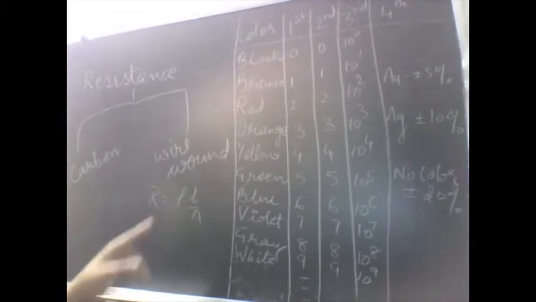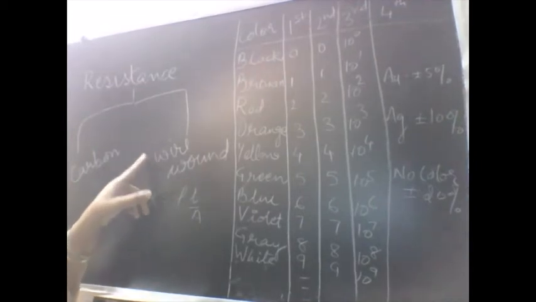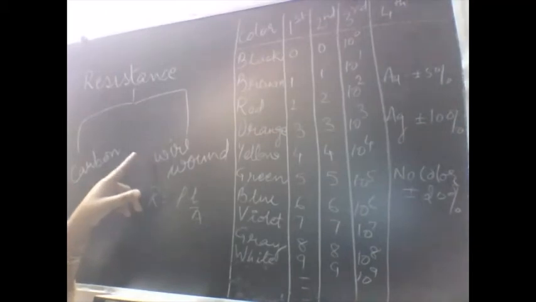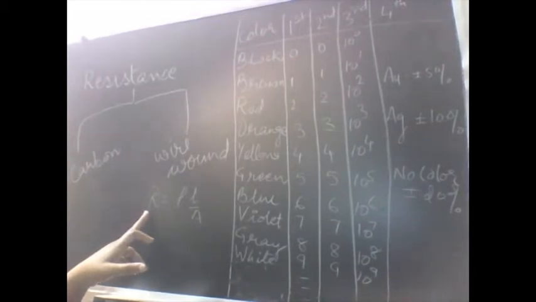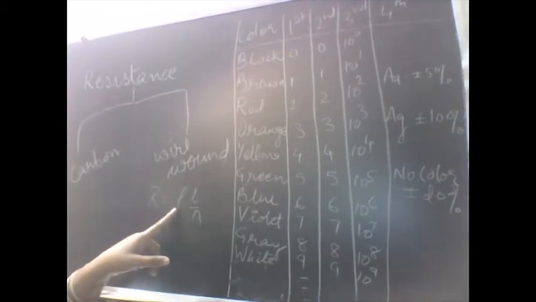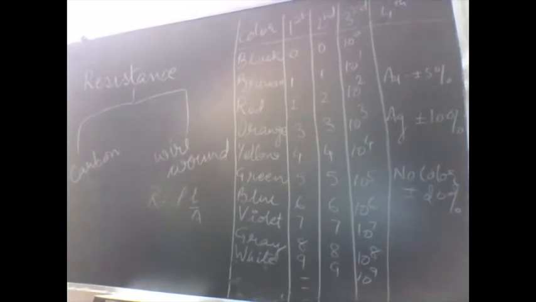Now what is the case with the wire wound resistors? Wire wound resistors, as is clear from the name, are constructed from wire. You have to draw several lengths of the wire and then wind them to get a specific value of the resistance. If I have to construct a very large value of resistance, that means for a specific value of the resistivity I have to take kilometers of wire, and winding that particular wire means that the size will increase.